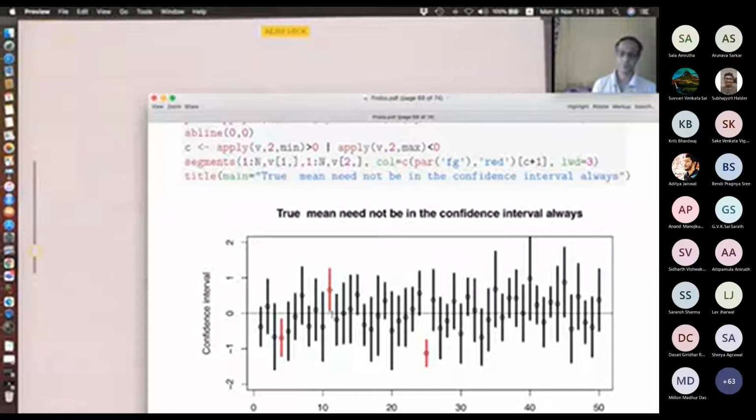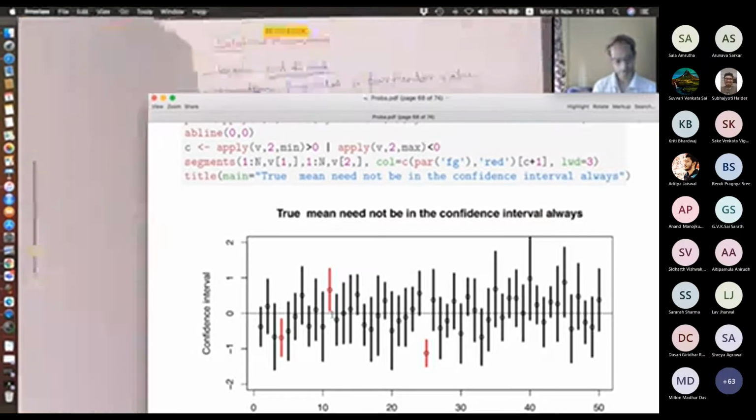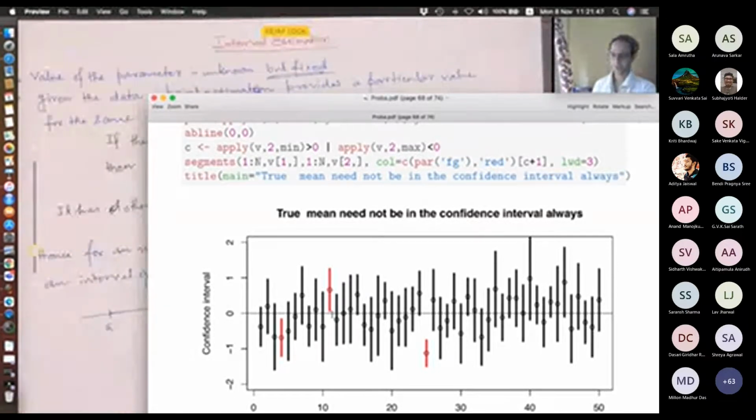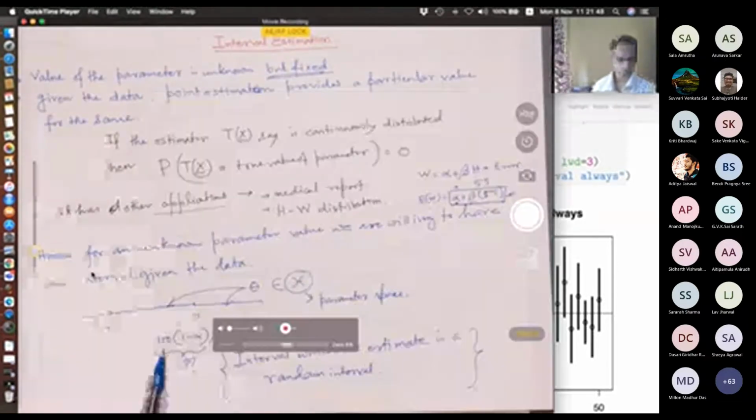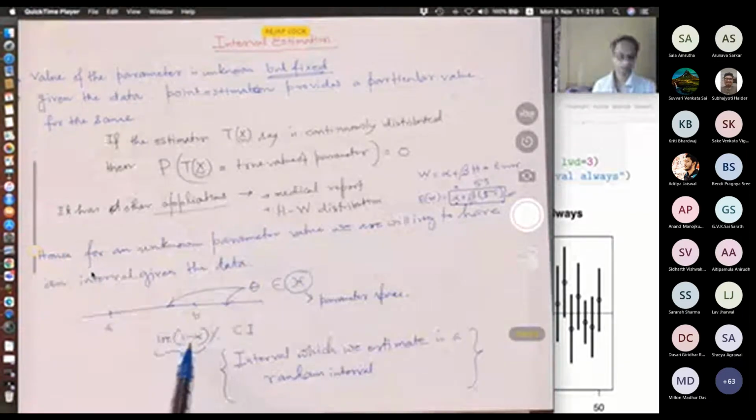The proportion which will contain the true parameter value is referred to, in this case, as 1 minus alpha. And if you convert it to percentage, in 100 into 1 minus alpha percent of cases, the true parameter value will be in the estimated interval.